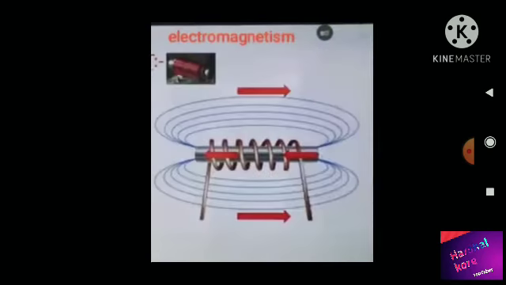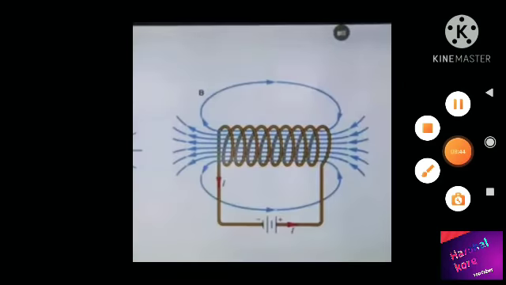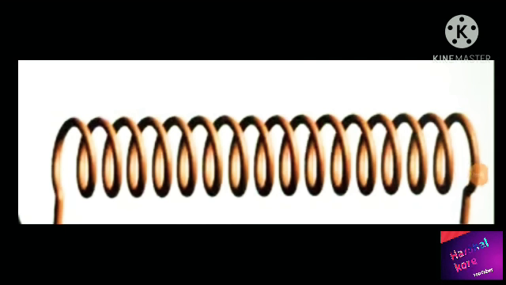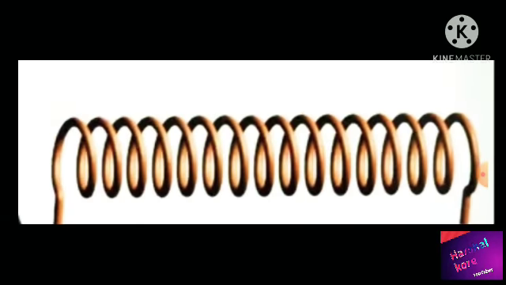So what happens? One minute. So this is a solenoid. Look at the solenoid like a ring-like structure. If we imagine the solenoid as a ring-like structure, it looks like this. So what happens when current flows in a solenoid?